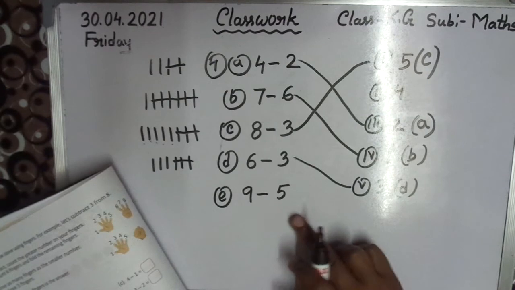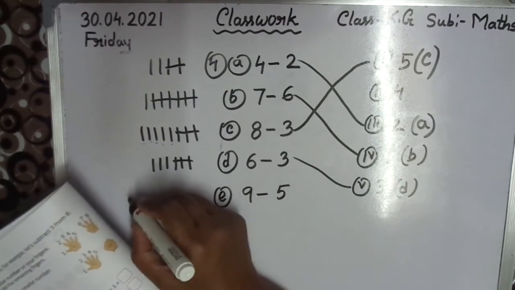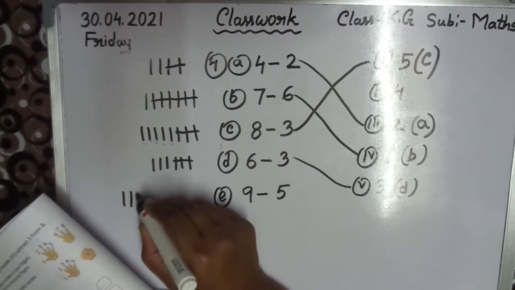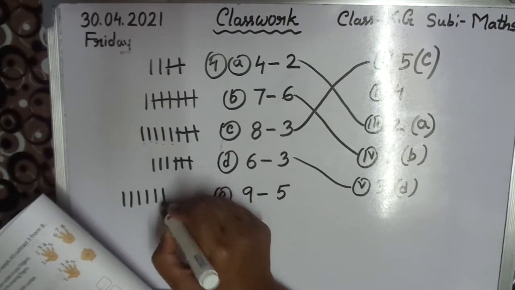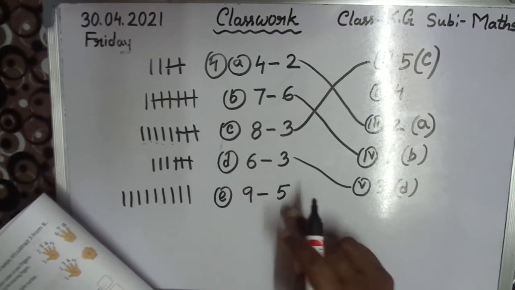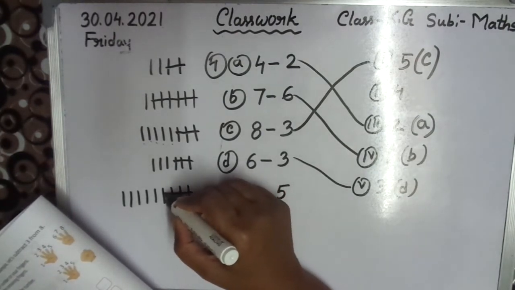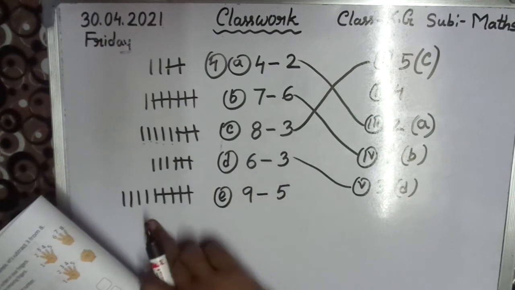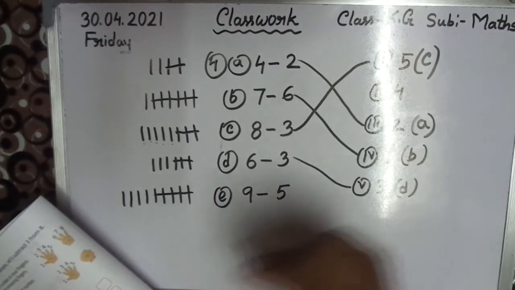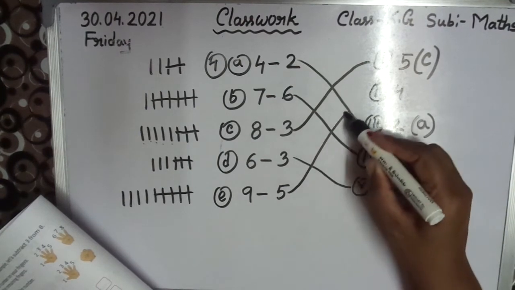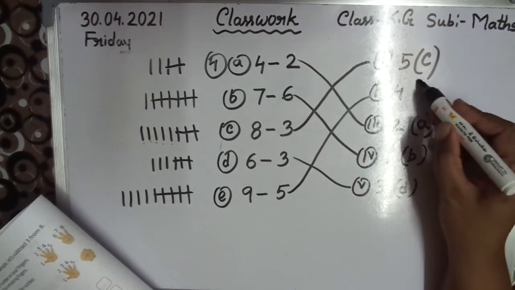E, 9 minus 5. 9 is bigger than 5. So I draw the lines here 1, 2, 3, 4, 5, 6, 7, 8, 9. 5 minus 1, 2, 3, 4, 5. So left 1, 2, 3, 4. So where is 4? Yes, number 4. So go. Yes. Right.